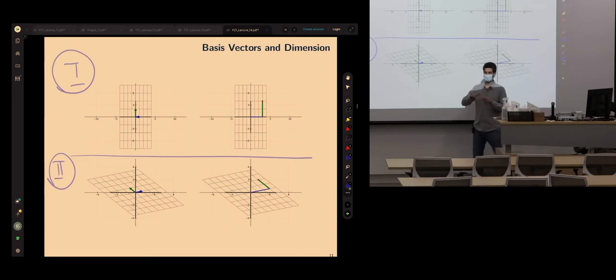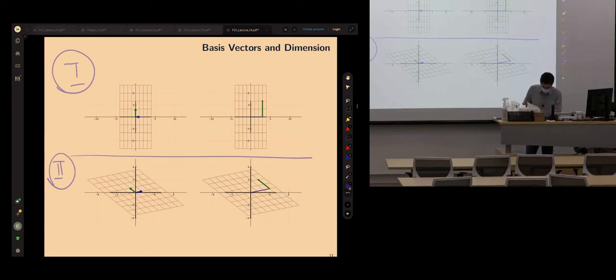The grid is stretched more along the vertical direction. I'm using 0.2 of E1 and 2 times E2.